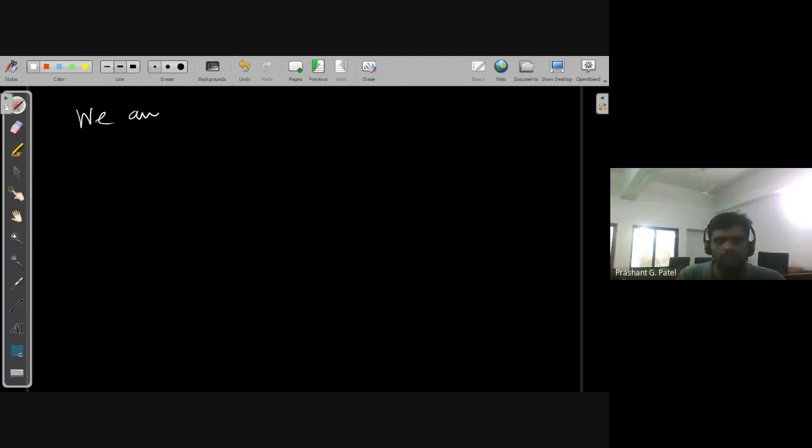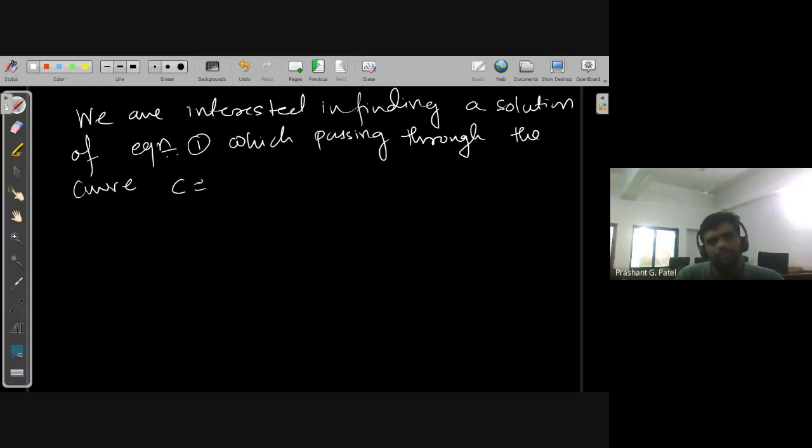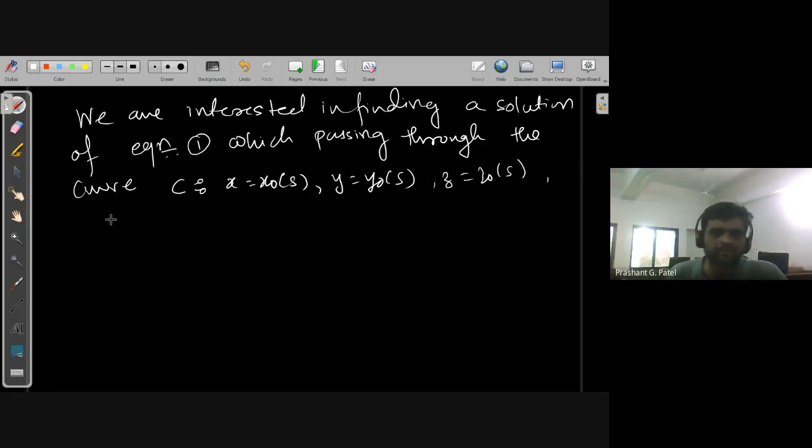We are interested in finding a solution of equation 1 which passes through the curve C: x is equal to x0(s), y equal to y0(s), and z is equal to z0(s), where s is a parameter.